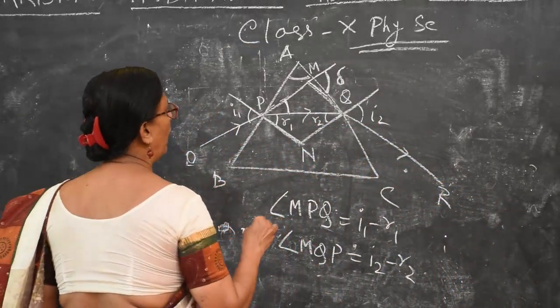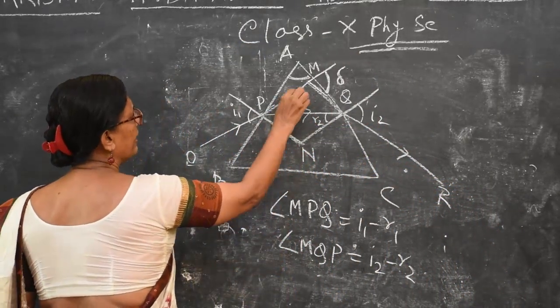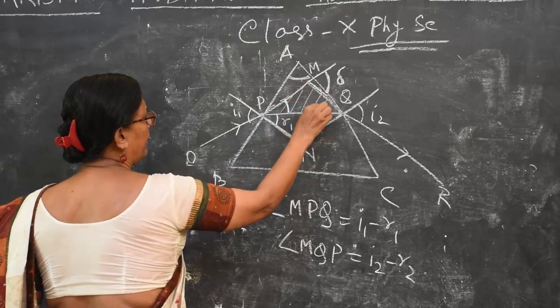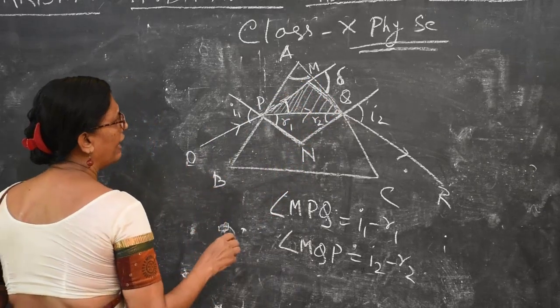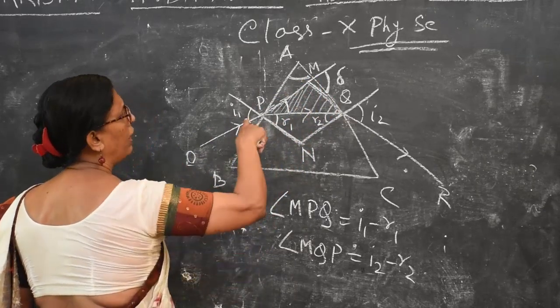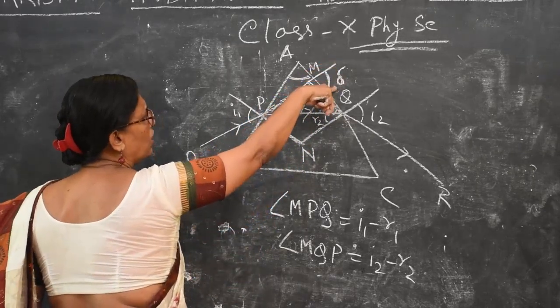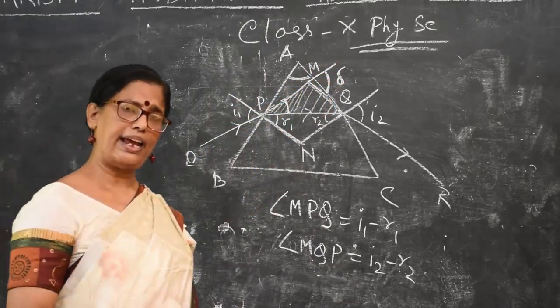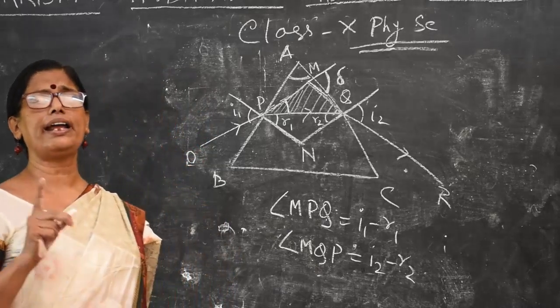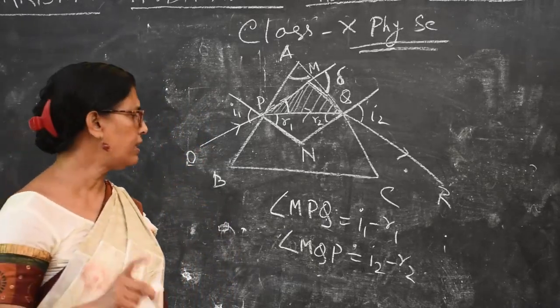Now please see this. This is a triangle, the triangle MPQ. This line is extended, so delta is the exterior angle. In class 8 we know the exterior angle is the sum of the two opposite interior angles.